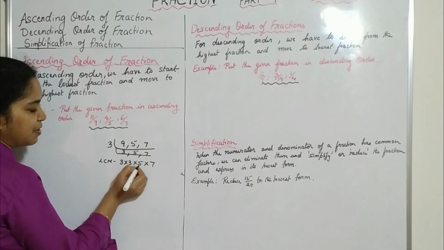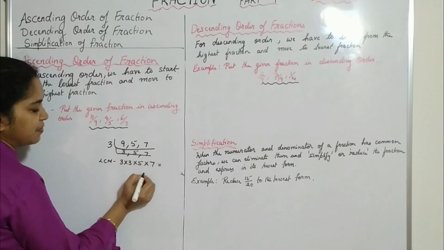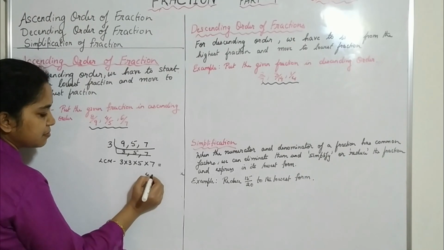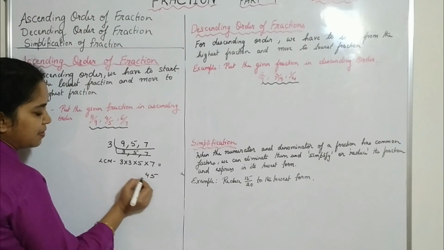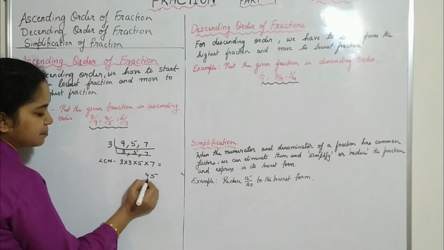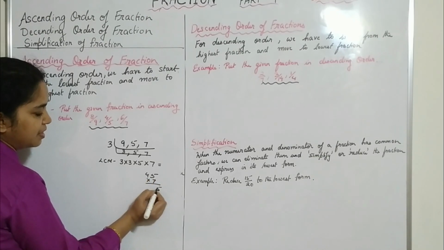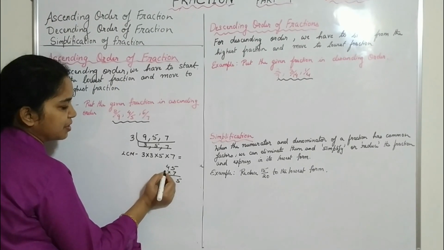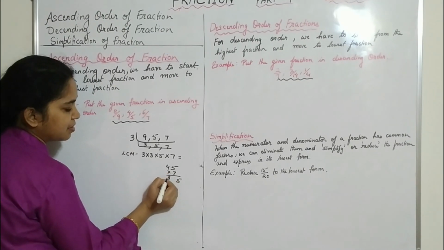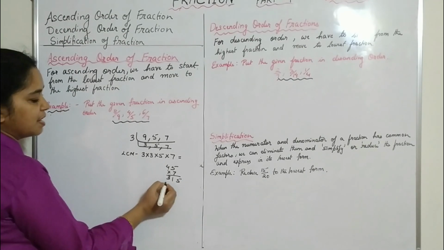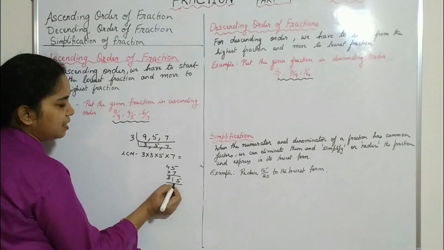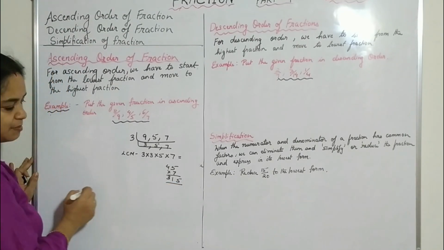So 9 into 5 is 45, and 45 into 7 is 315. So the LCM is 315.